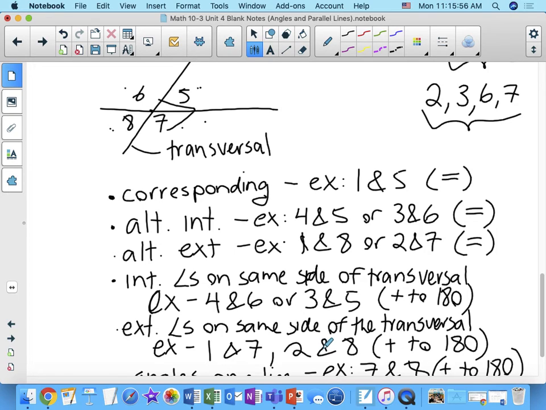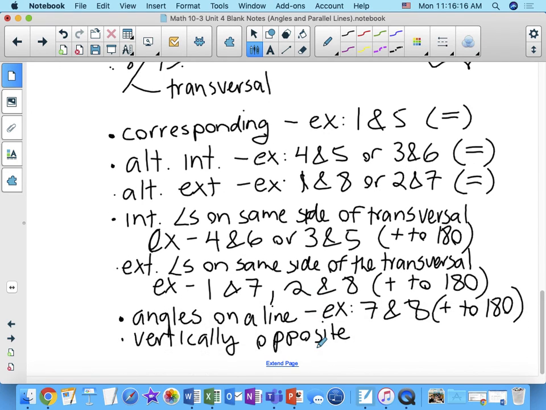Vertically opposite means they're across from each other. So for example, 5 and 8 are vertically opposite. 6 and 7 are vertically opposite. Okay, what can we say about 5 and 8? They're the same, yeah. So they're equal. Or 6 and 7 are also equal. Okay, so for example, 5 and 8, or 6 and 7, and these guys are equal.